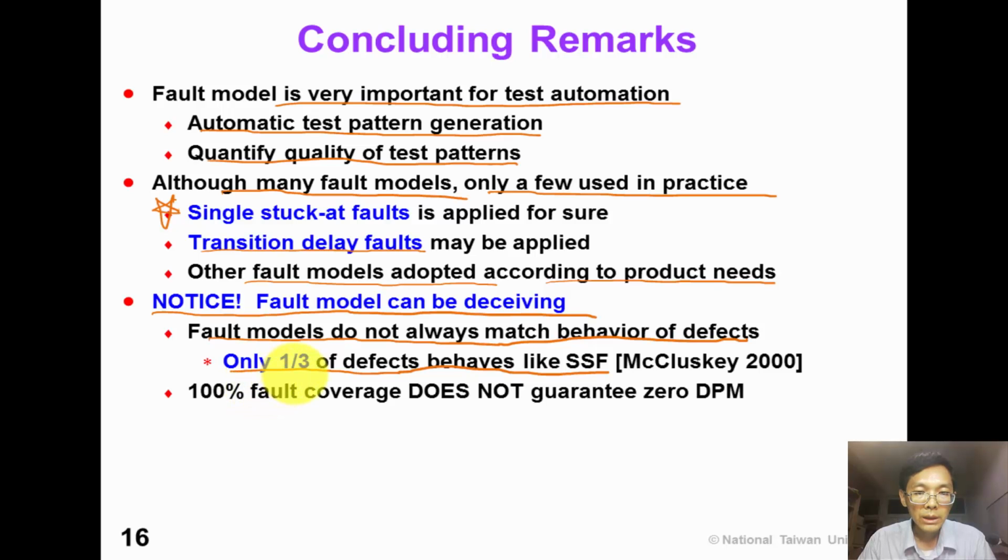Fortunately, many of the defects can be detected by single stuck at fault test patterns. And we also mentioned that 100% fault coverage does not guarantee 0 DPM. Stanford research showed that there are some test chips that escape 100% single stuck at fault test sets.